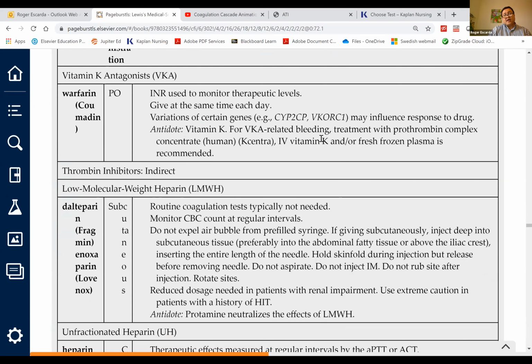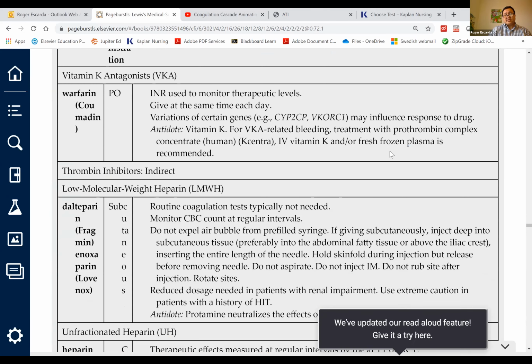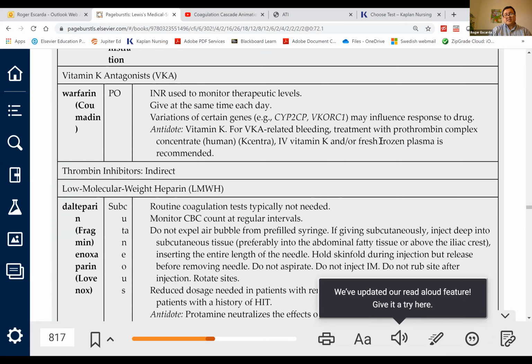Or if it's too high, the other antidote is fresh frozen plasma. If it's way too high, meaning your vitamin K won't cut it anymore, the patient will have to receive fresh frozen plasma. Because what's in plasma again? Water. No, what was in it besides water and protein?